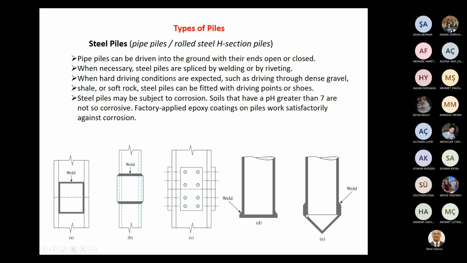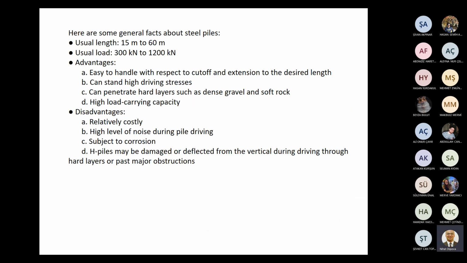Sometimes they're not welded. Steel piles may be subject to corrosion. Soils that have a pH greater than 7 are not so corrosive. Factory applied epoxy coating on piles works satisfactorily against corrosion.